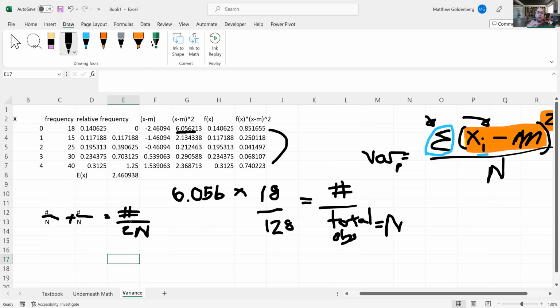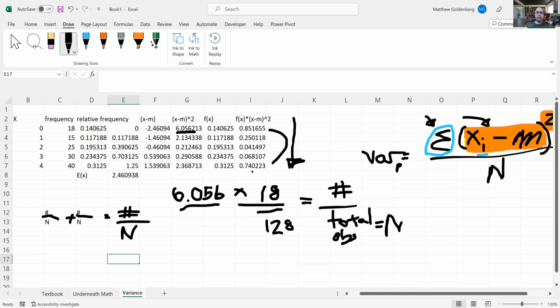So when you add fractions with a common denominator, this n remains the same. So what's going on as we sum these down here is we're taking the outcome, the squared deviance, adding it 18 times, and then the total observations stays the same in the denominator all the way down.